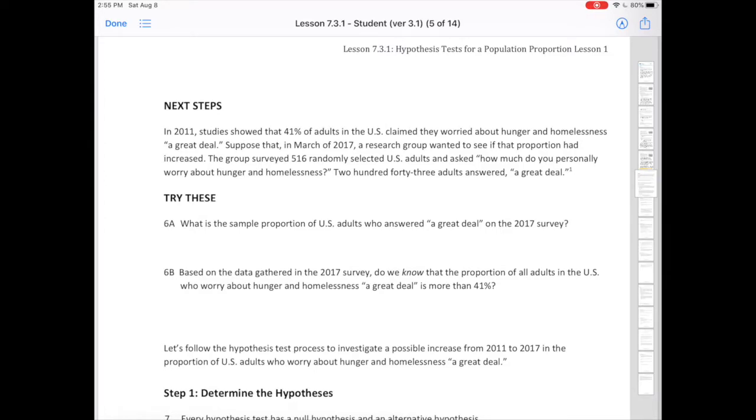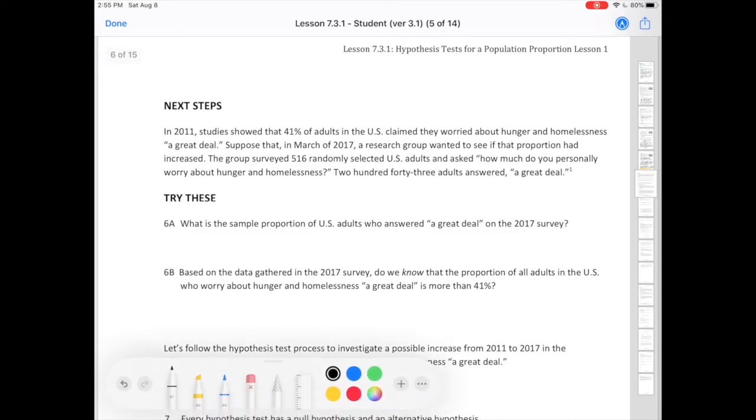So let's do the same thing we did before, except this is going to be a little bit different because we are dealing with a larger sample size here. So we're going to be able to use normality to help us with this problem. So what is the sample proportion of US adults who answered a great deal on the 2017 survey?